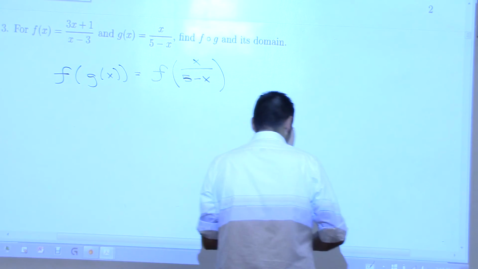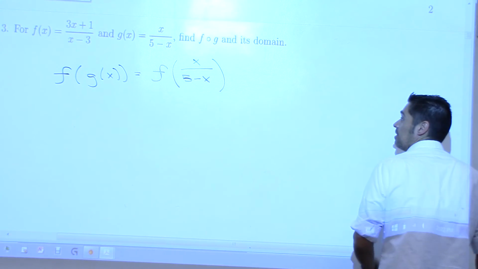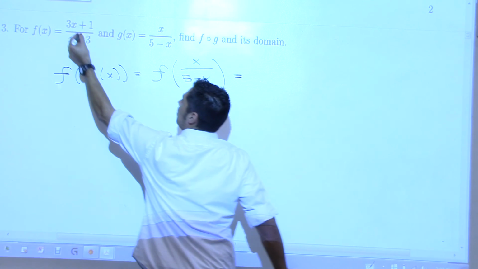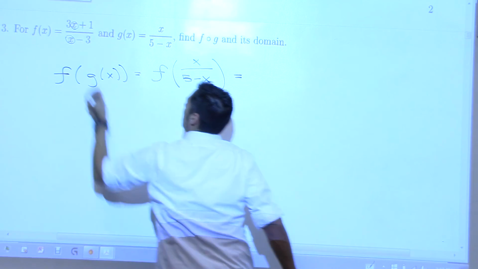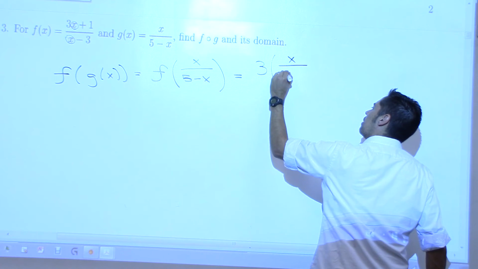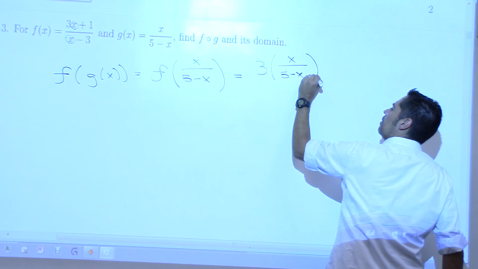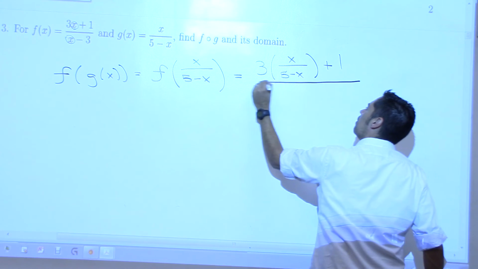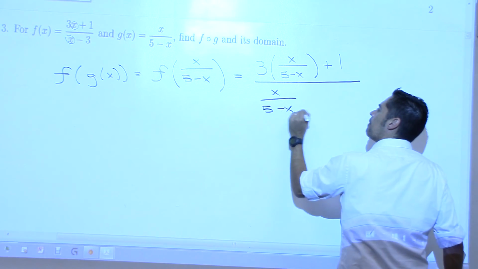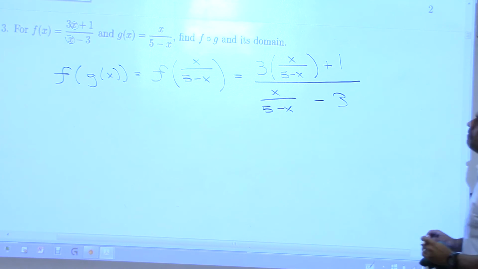Oh, this is an ugly one. Then you're going to take that and plug it into f, which is 3 times x over 5 minus x plus 1, all divided by x over 5 minus x, again, minus 3.